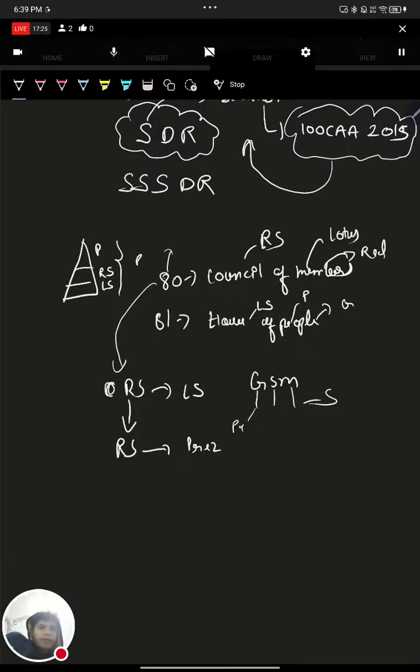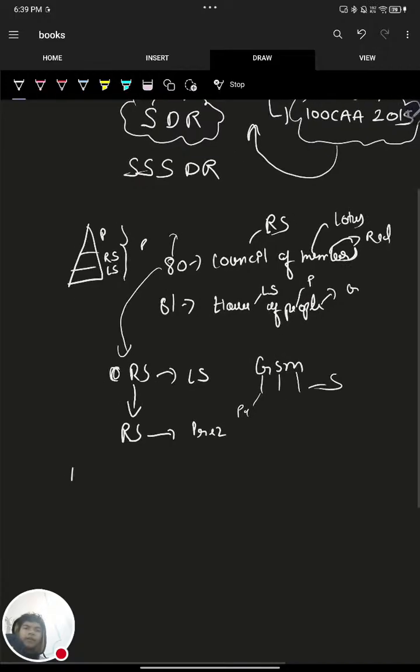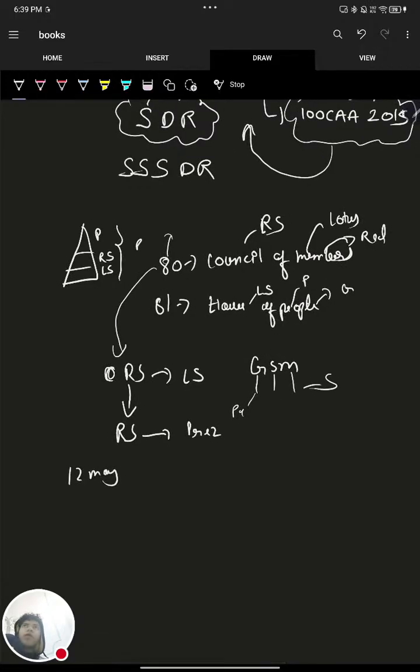Where were we? Yeah, GSM. The first sitting of Rajya Sabha happened on 12th May 1952.